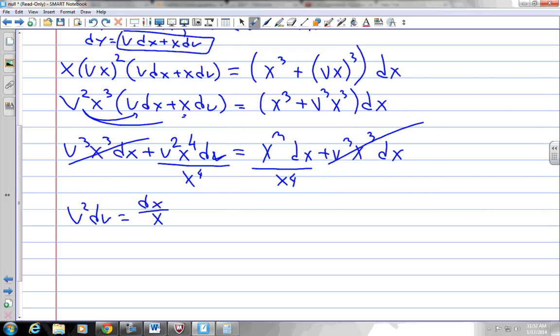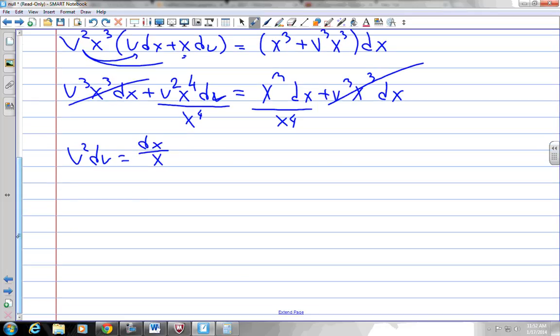Okay. We can do that one, right? So we have our variables separated. We have v's on one end, x's on the other end. So what do we do now? Yep, integrate both sides.